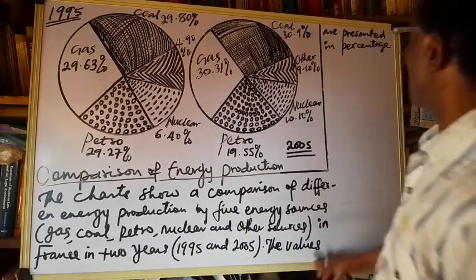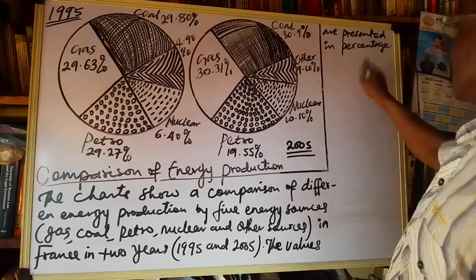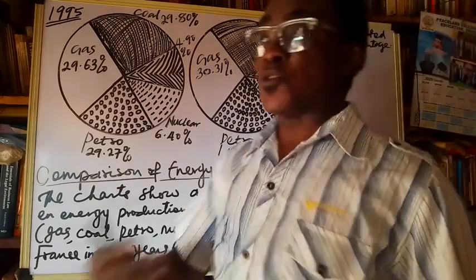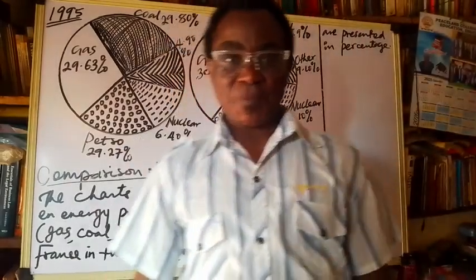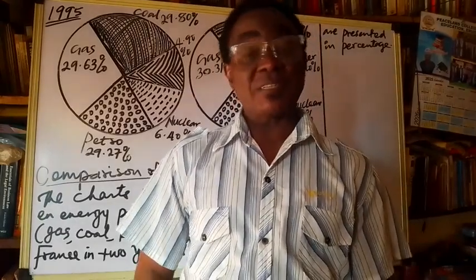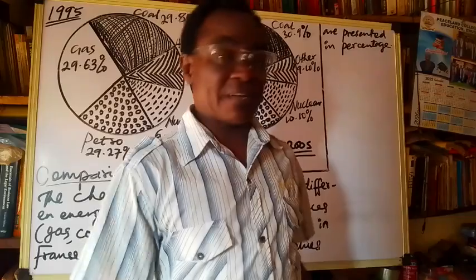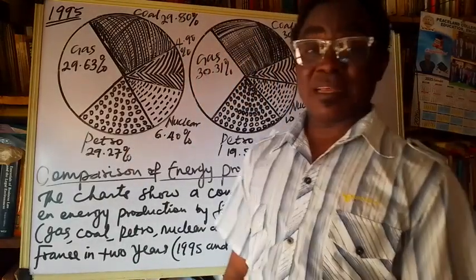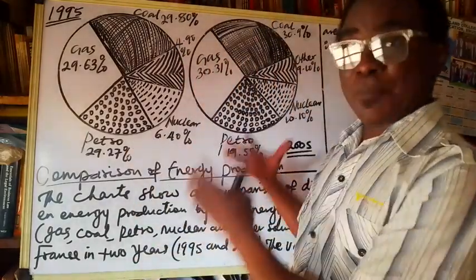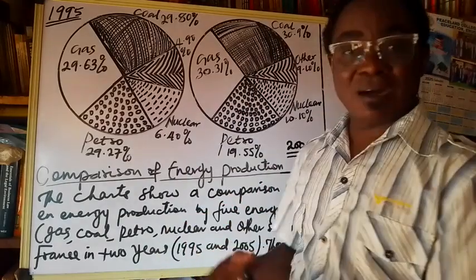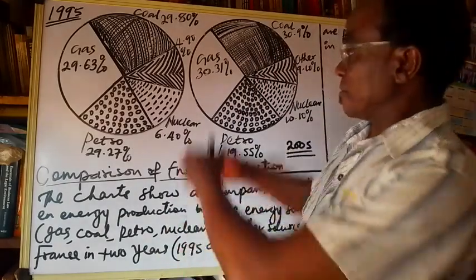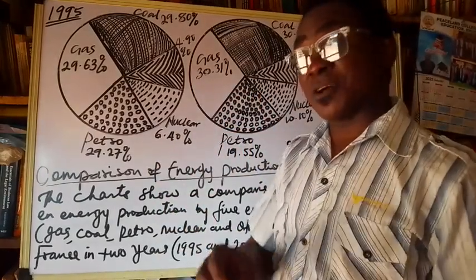Then the values are presented in percentage. That is, the units of value. The units of value are presented in percentage. This is very important, especially if the caption of the statistical model does not state the unit.